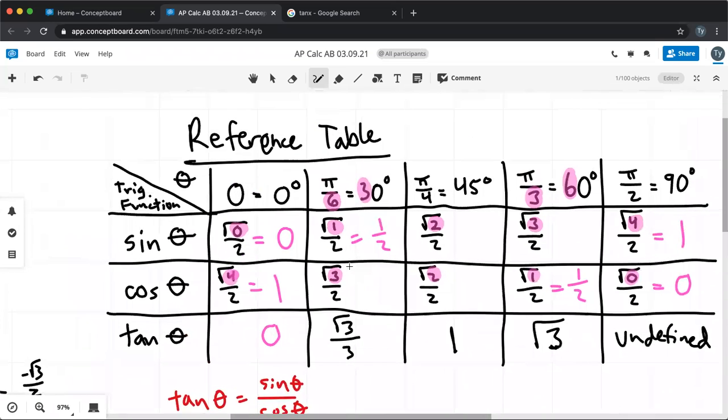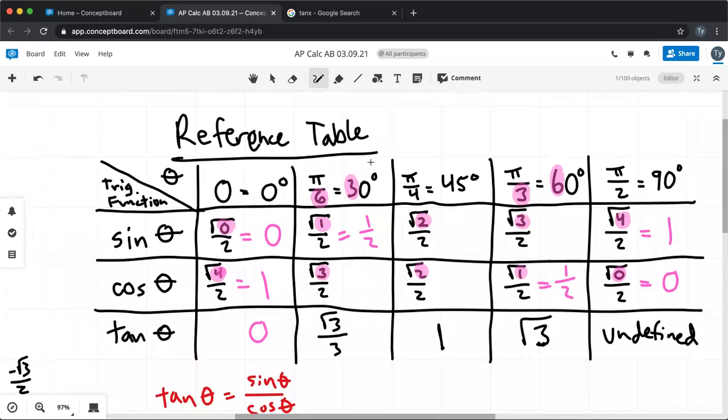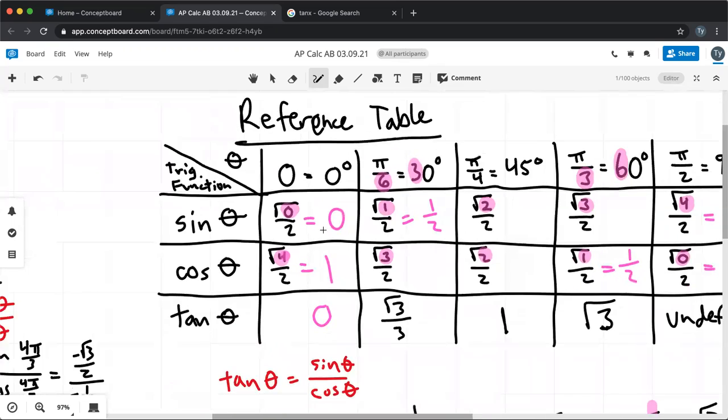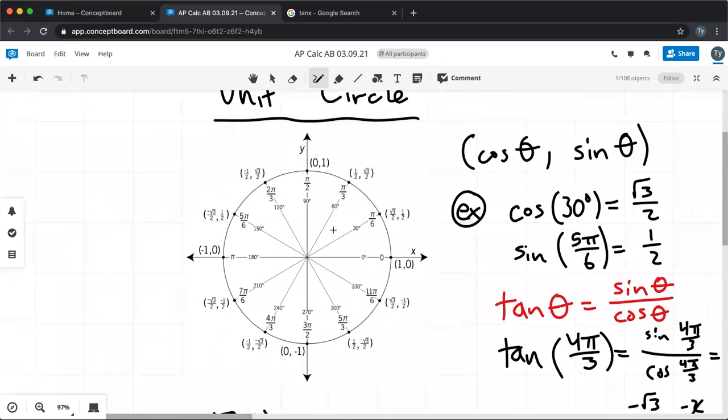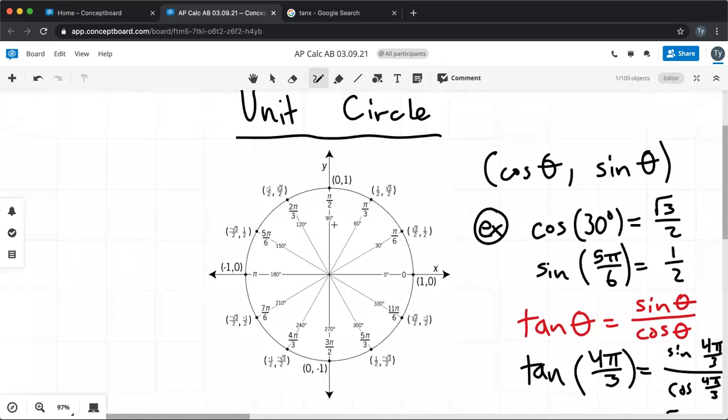All right, so this takes some practice getting used to just how this works. I will say that if you're really comfortable with the unit circle and you have it mostly memorized, it might just be easier to finish memorizing the unit circle.